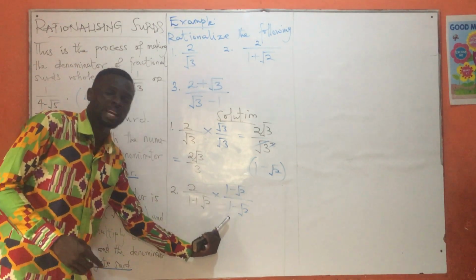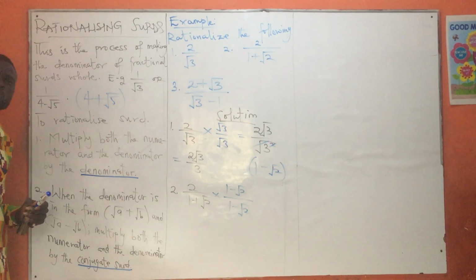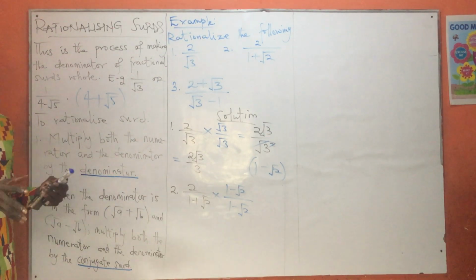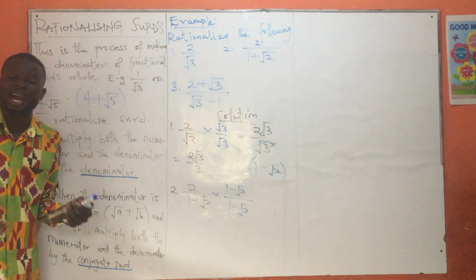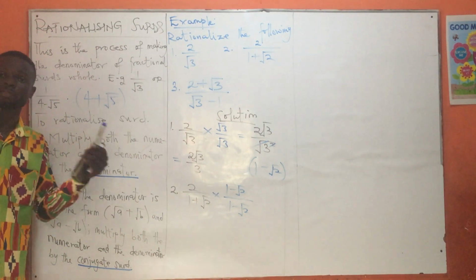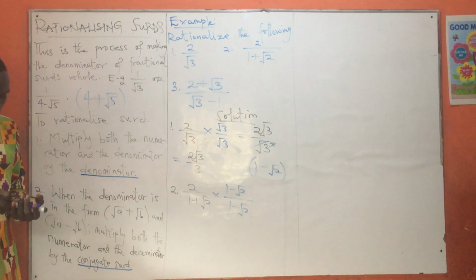Now when we get to this place, we'll just take our time and multiply. We are going to apply the idea of algebraic expressions here, that is multiplying two binomials, or multiplication involving brackets. We shouldn't take it in a rush.